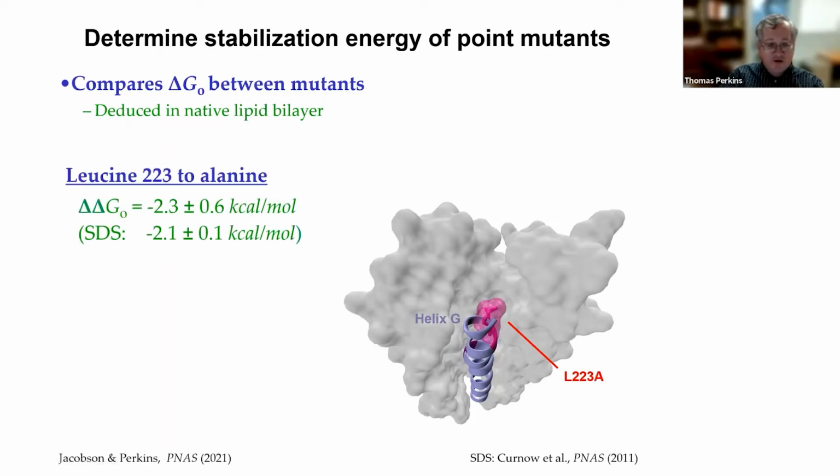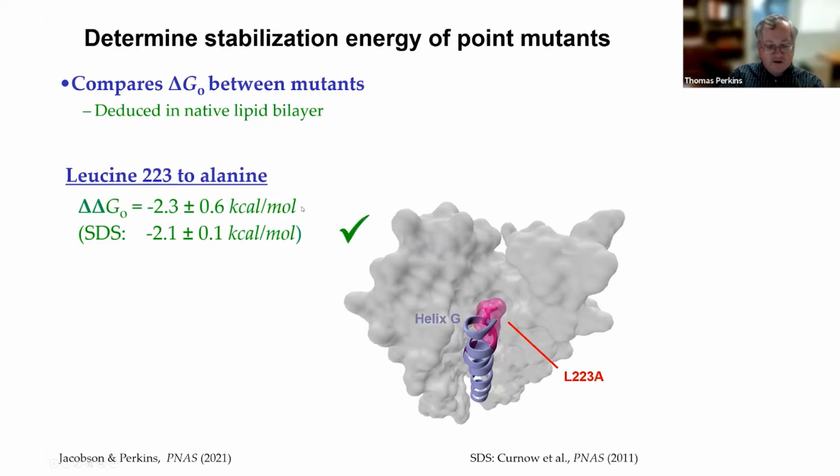So when we make the mutation shown here, our AFM measurement gives us a delta G that's very similar to a prior measurement. Now, this point mutation faces inward, so it probes a protein-protein interaction.